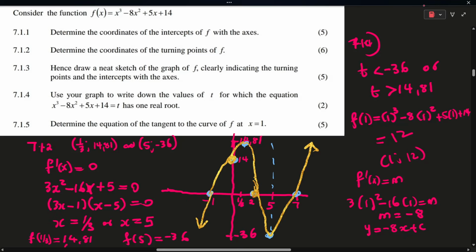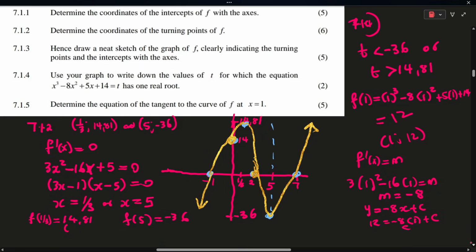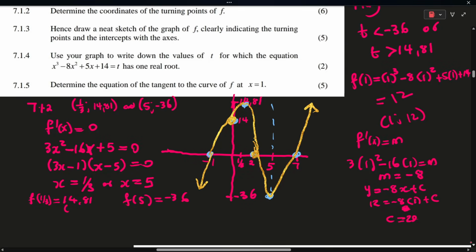Where there is y, we put 12 is equal to minus 8 into 1 plus c. So now when you check it, what is the value of c? You say 12 plus 8, it will be 20. Therefore, you give a conclusion. What is the equation? y is equal to minus 8x plus 20. That's it, guys. That is how you solve this question.